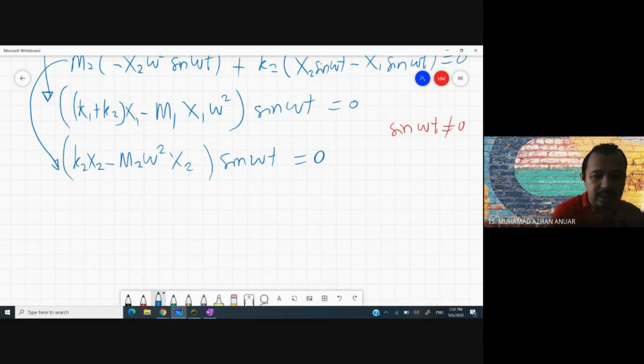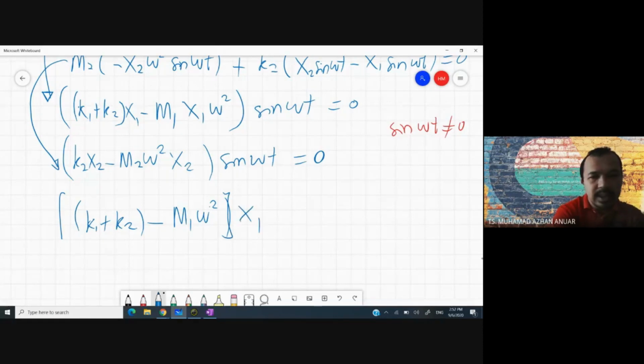So in this case, our equation here, let's arrange it this way. K1 plus K2 minus M1 omega square. Okay, this is x1, that puts the x1 outside, is equal to 0.